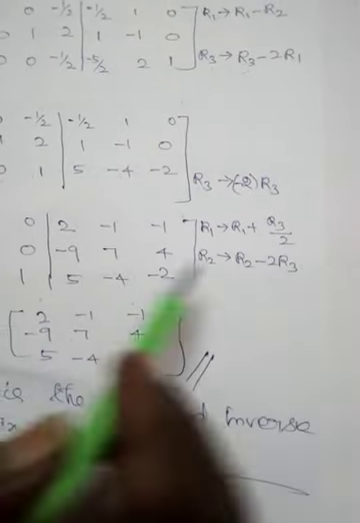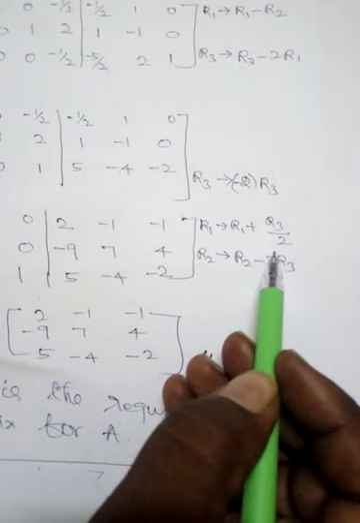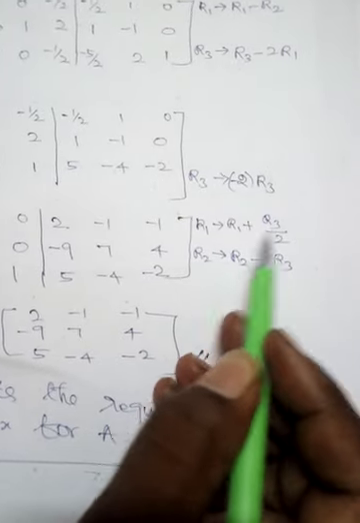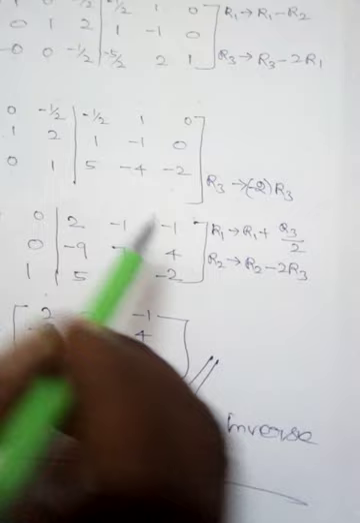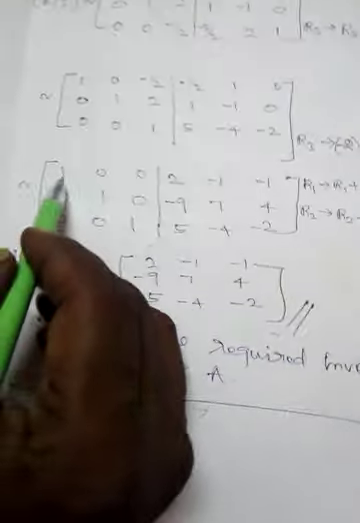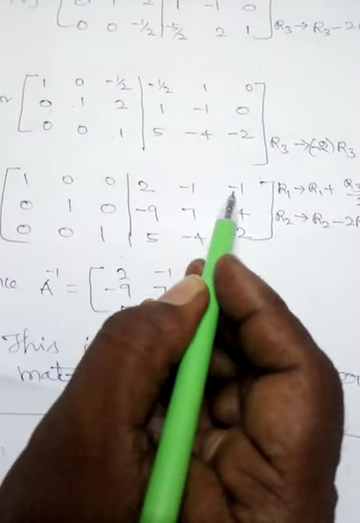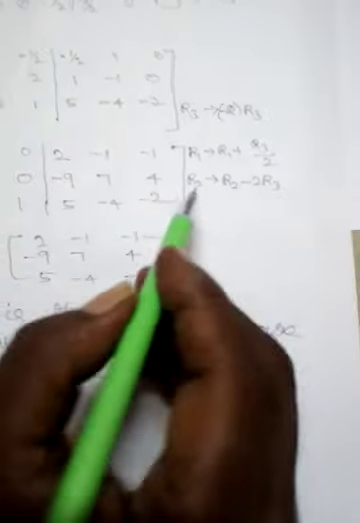So see the next level. The first row will be R1 plus R3 by 2. I am taking R1 and R3, and I have got 1 0 0 2 minus 1 minus 1.